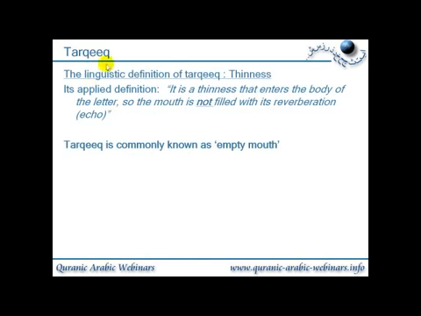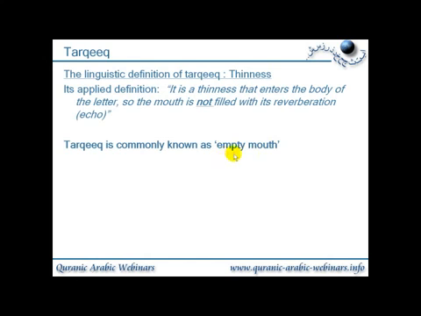Tarqeeq. The linguistic definition of tarqeeq is thinness. Its applied definition: it is a thinness that enters the body of the letter so the mouth is not filled with its reverberation or echo. Tarqeeq is commonly known as empty mouth.